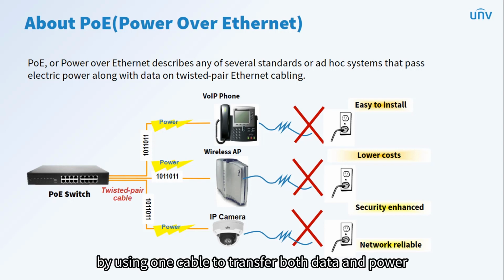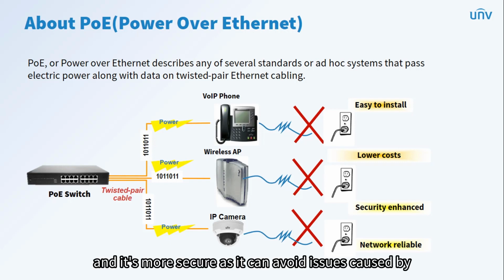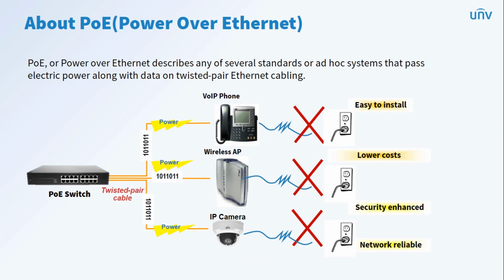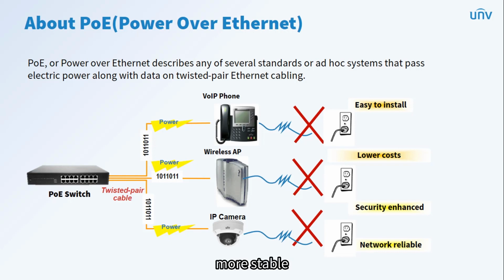By using one cable to transfer both data and power, PoE makes device installation easy and saves costs. And it's more secure as it can avoid issues caused by power cables. The network connection between devices is also more stable.